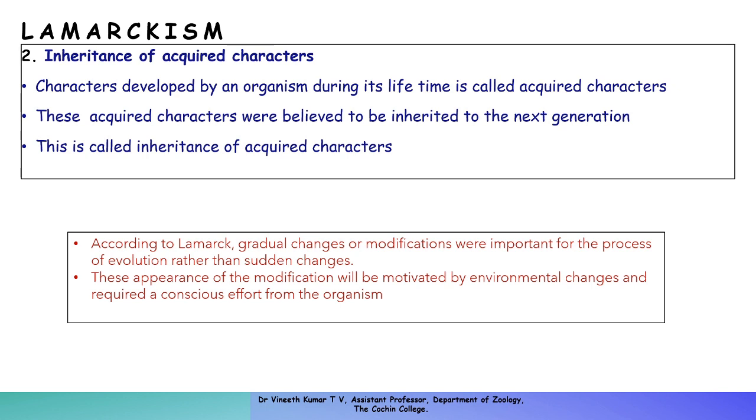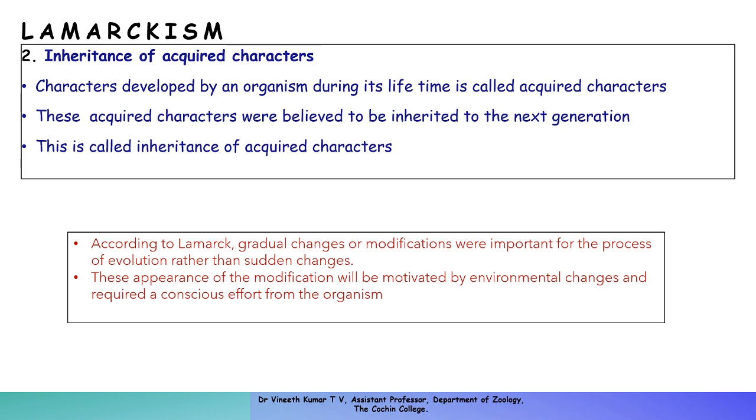In his first principle, the use and disuse theory, he says that organisms change their shape, their structure, their organs, etc. And this change is dependent on the environmental conditions or environmental changes, which he referred to as need.